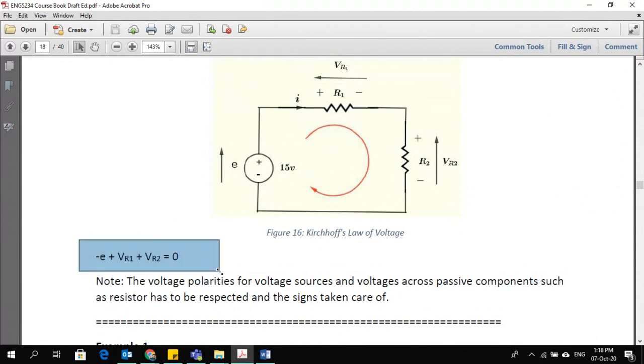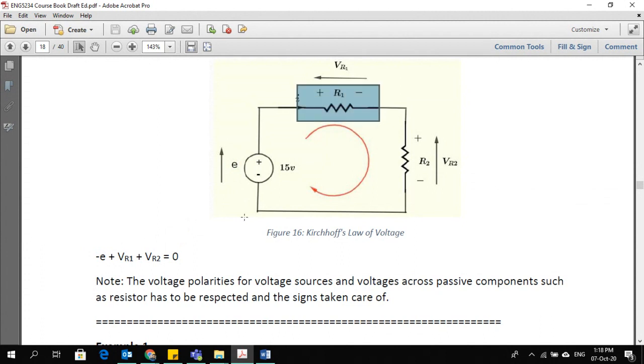So this is the equation. We are following this arrow clockwise. If I start from here, first I see this supply voltage E, and it has a negative sign. I came across the negative sign first, so I will put negative E here. Then moving on in the same direction, I came across the second component, which is R1.